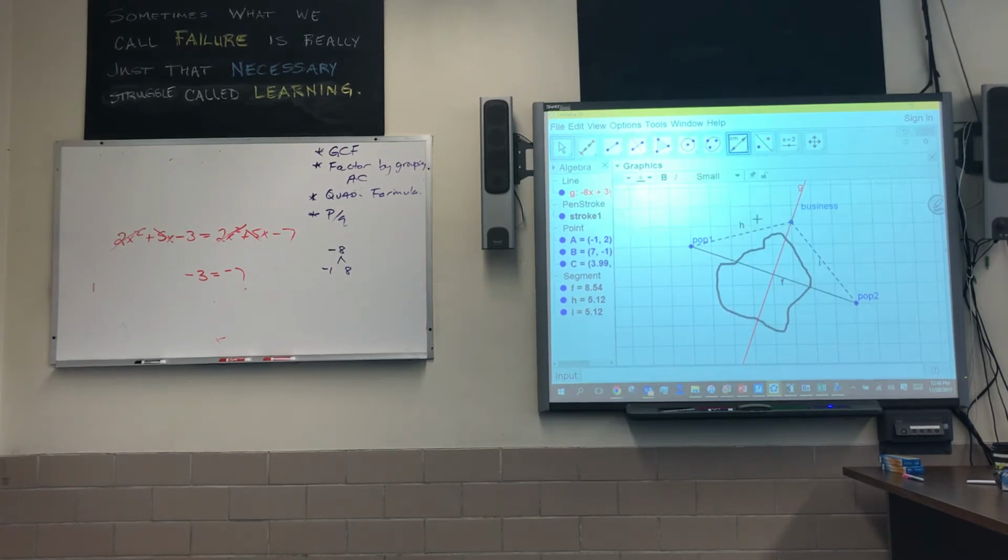If we look at the lengths of those, H is 5.12, I is 5.12. Now, I don't want to put my business there because that is now 6, and 5.12 is a better option, right? That's shorter. So I want to move down as close as I can, and maybe 4.82, right? Does that make sense?